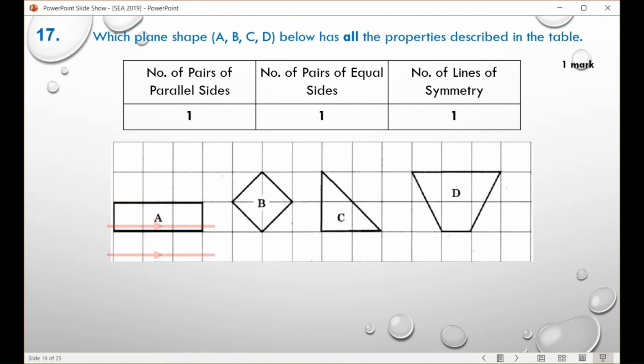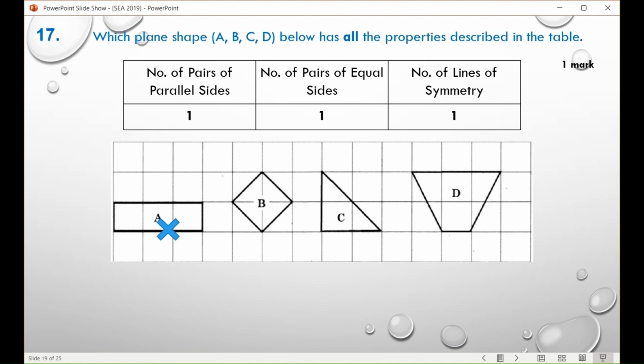Let's remove it and let's look at the other two sides in shape A. Both of them are facing vertically. So those two are also parallel, which means that shape A has two pairs of parallel sides. As such, it does not hold for the property of parallel sides.